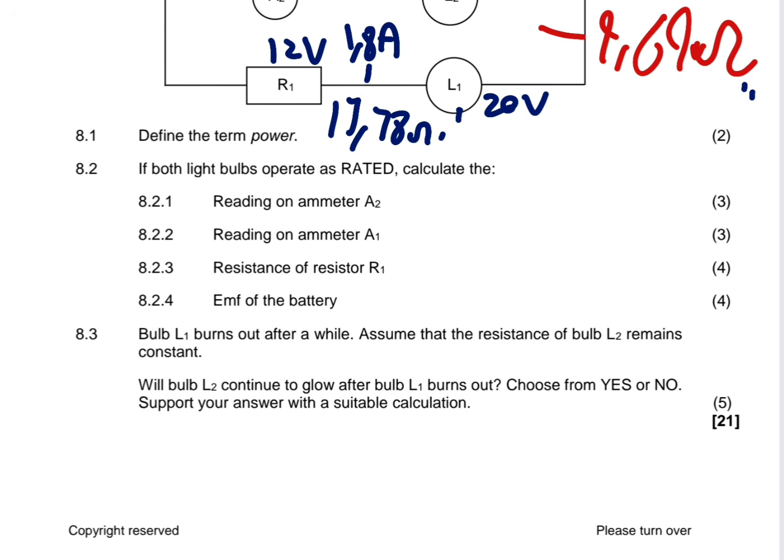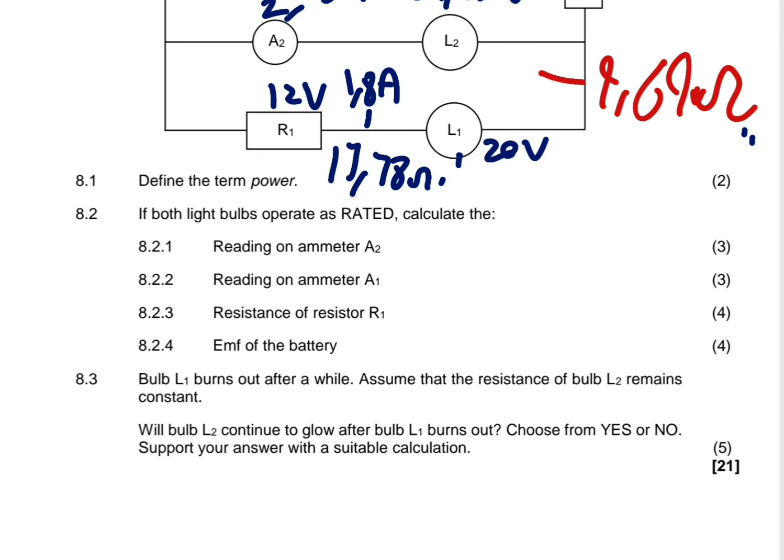Okay. Then the next question says, bulb L1 burns out after a while. Assume that the resistance of bulb L2 remains constant. So bulb L1 burns out after a while, but we assume that the resistance of bulb 2 remains the same. So the question is, will bulb 2 continue to glow after bulb 1 burns out?